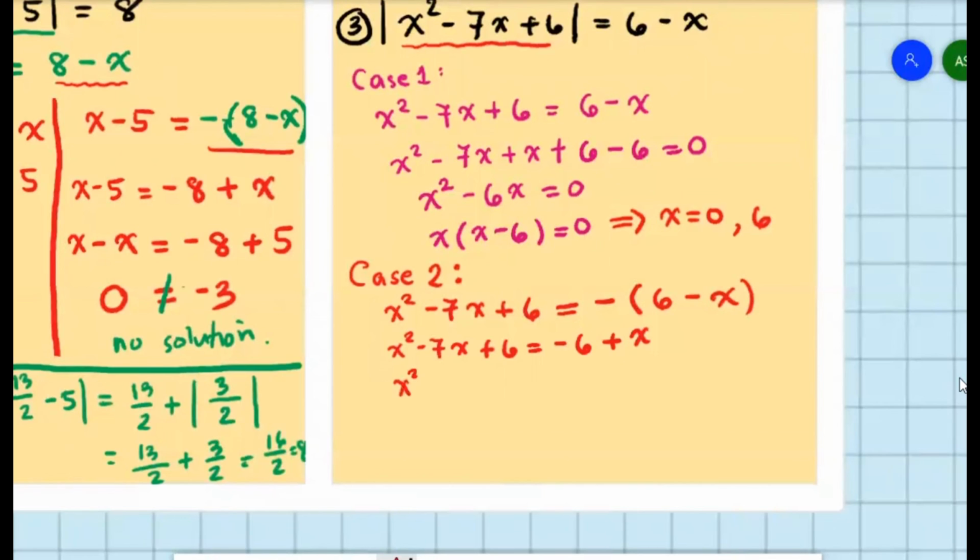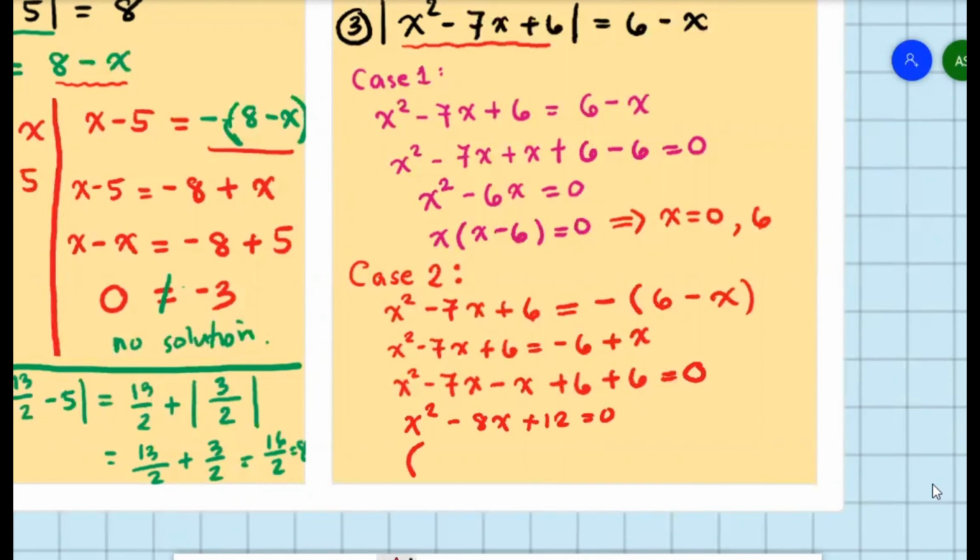So this will give us x squared minus 7x minus x plus 6 plus 6, right, is equal to 0. So this can be simplified as x squared minus 8x plus 12 is equal to 0.